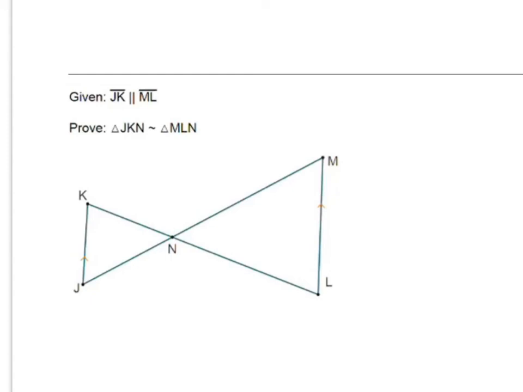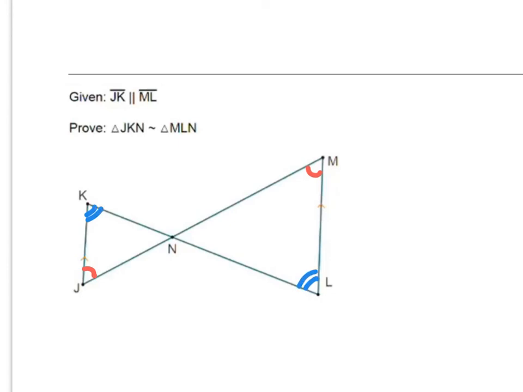Since these two sides are parallel, I can say that angle J is congruent to angle M because those are alternate interior angles. I can also say that angle K is congruent to angle L because those are alternate interior angles.